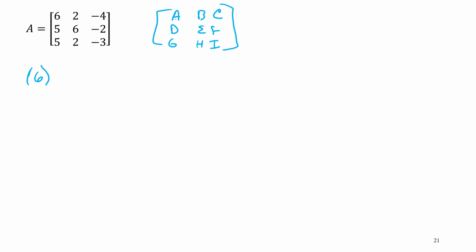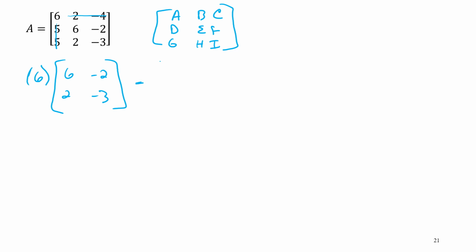So if we look at the A, we're getting rid of D, G, and B and C. So we're getting rid of these 5s and these 4s. So our small matrix would be 6, 2, -2, -3.